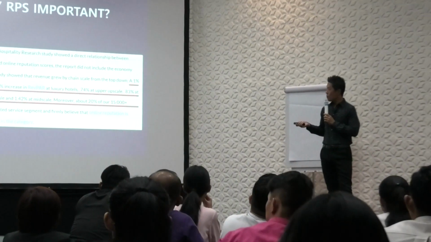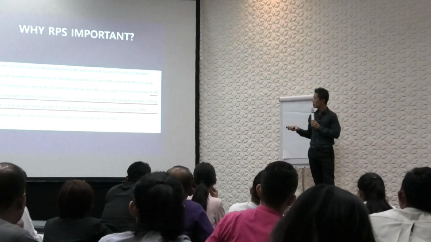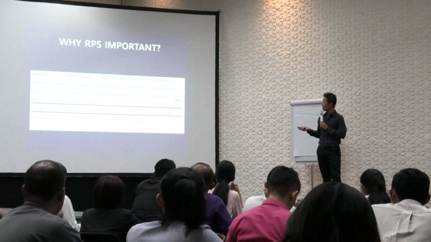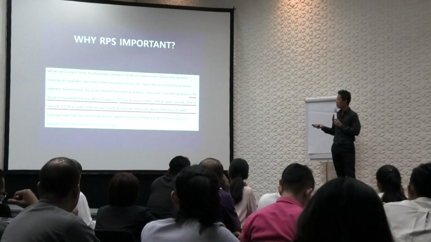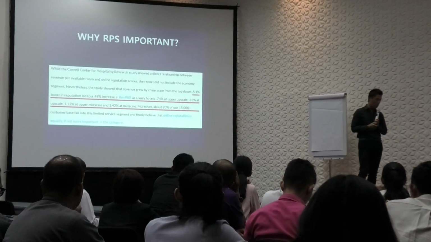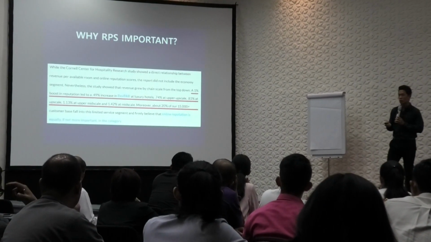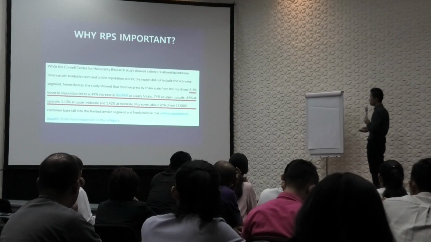A 1% boost in reputation led to a 0.49% increase in RevPAR. Okay, so there was a research done by Cornell University. As you know, one of the best universities in terms of hotel management.